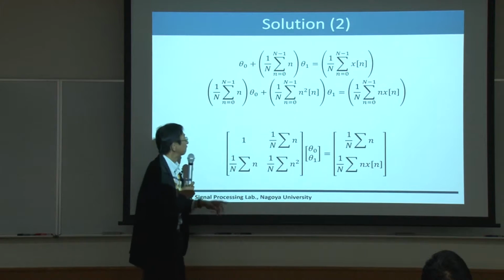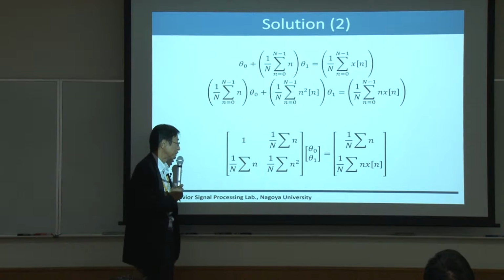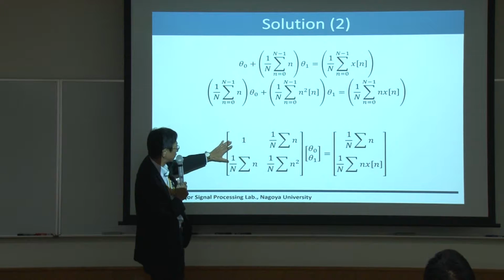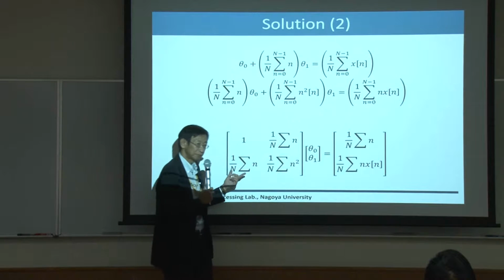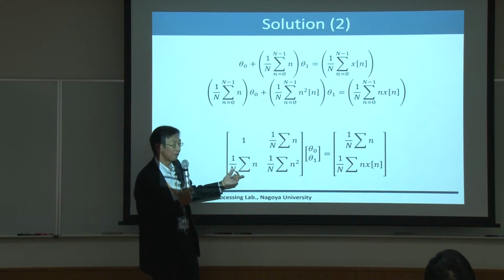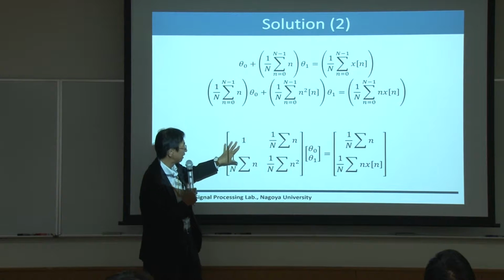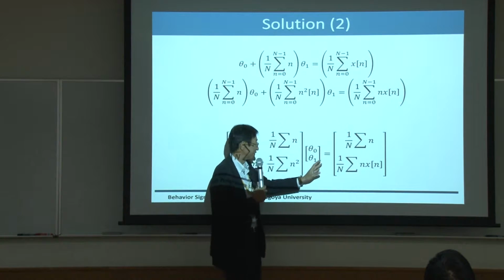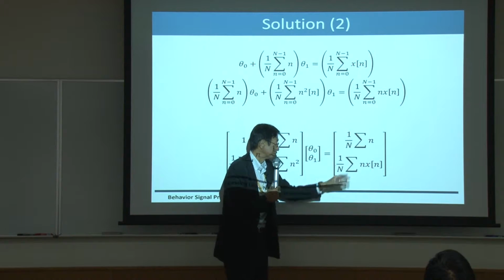So if you write down these equations in matrix form, then you can get this. Okay? If you can invert this matrix, and I believe that you can, then you can multiply the inverse of this matrix from the left-hand side to the right-hand side of the equation.